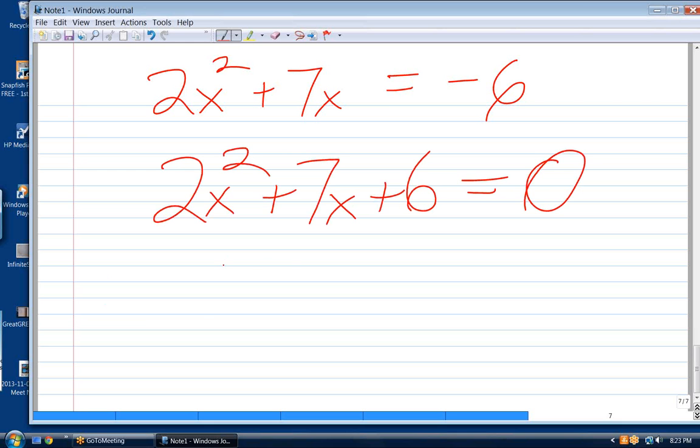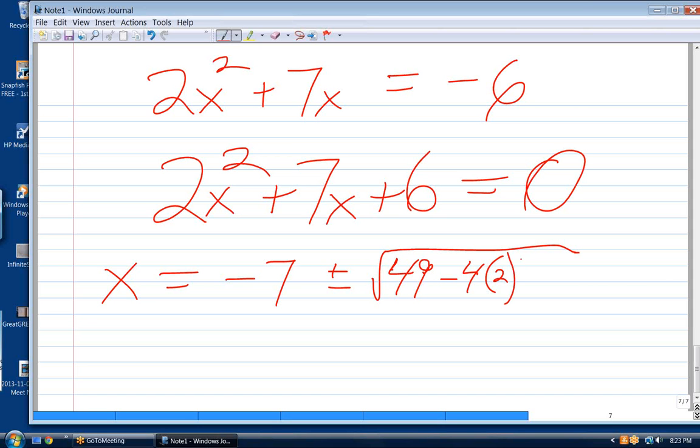Okay. And now I presume this is not going to factor nicely, given what section we're on. So let's go ahead and use the quadratic formula. Negative 7 plus or minus the square root of 49 minus 4 times 2 times 6, all over 4.